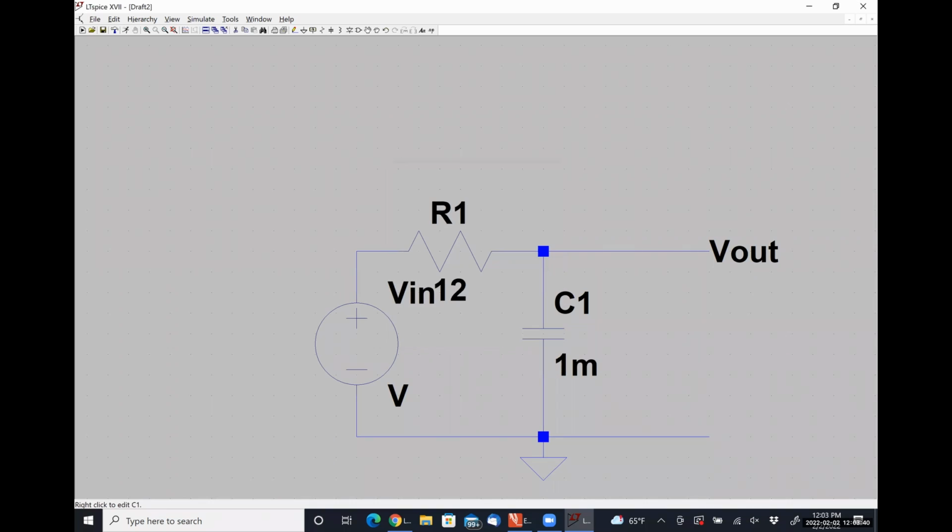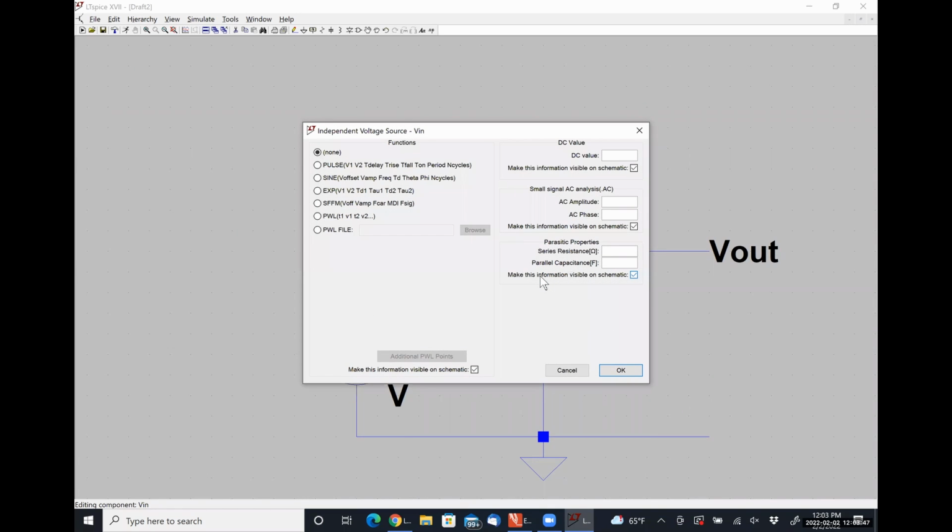1 M. Okay. So to get my source set up correctly, I'm going to go to advanced, and I'm going to leave the entire left side alone. What I'm going to play with is right here where it says small signal AC analysis. I'm going to make the AC amplitude 1 volt, so that when I plot my output voltage, it is my frequency response.